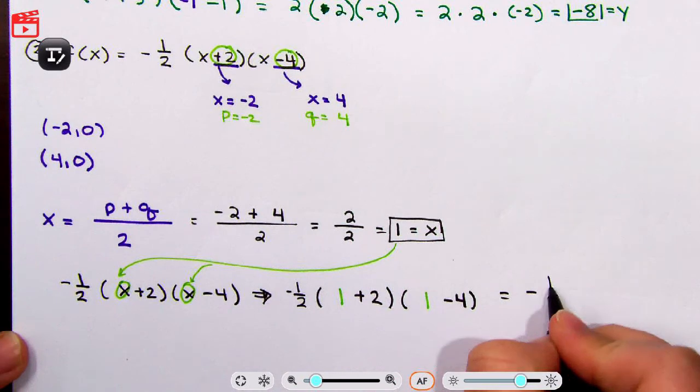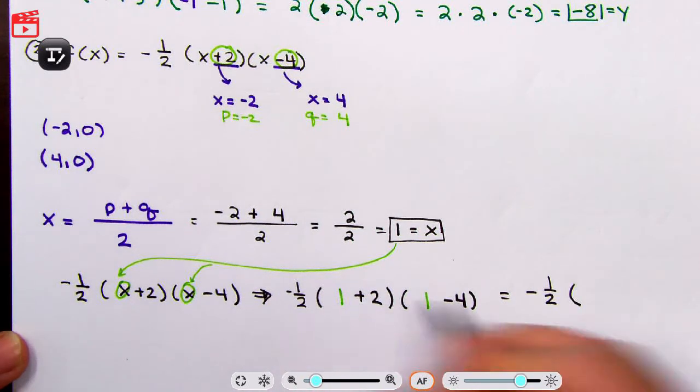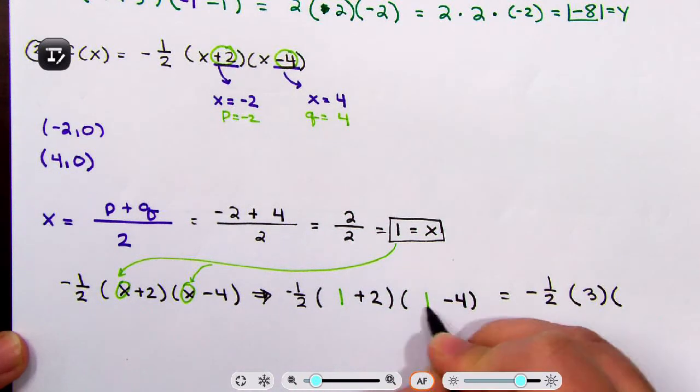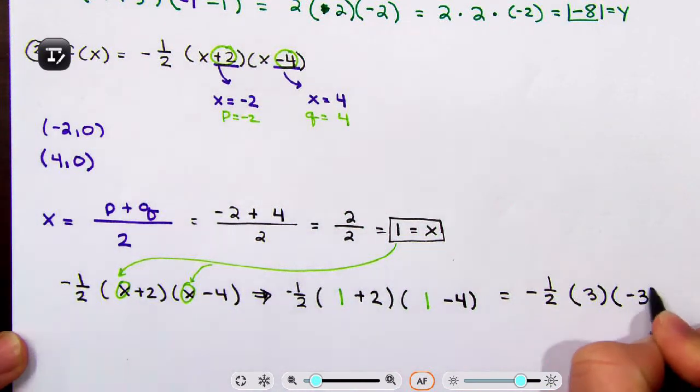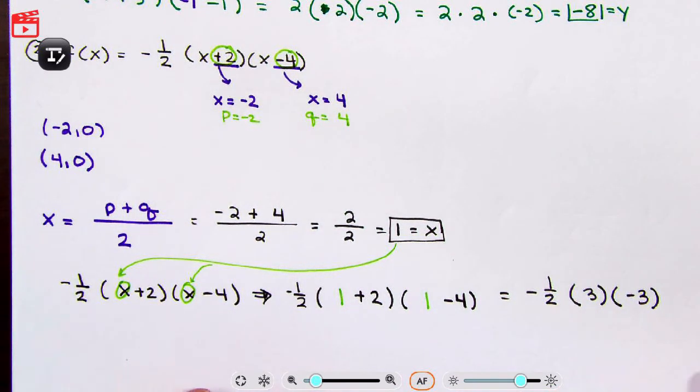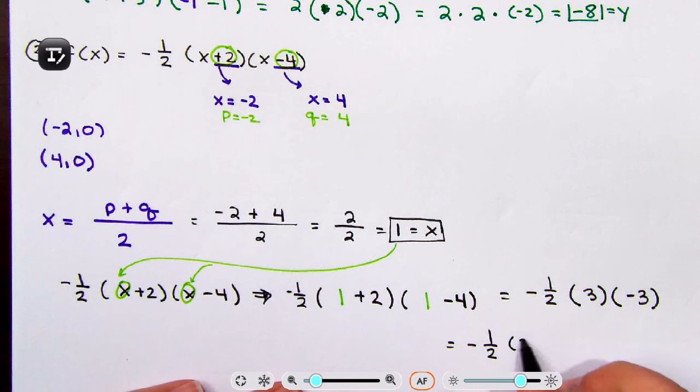So I have -1/2 times 2 plus 1 is 3 times 1 minus 4 is -3. So here I have a -1/2 times 3 times -3.